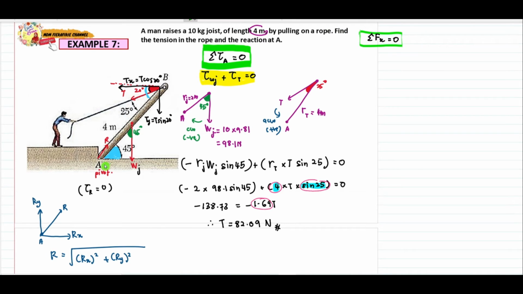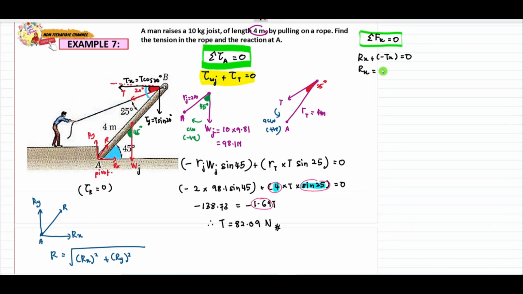So looking at the diagram we have Rx, obviously. And what else in X component, also Tx. Rx and Tx, where the direction of Rx is to the right, so positive, and Tx is to the left, so negative. So I will write Rx plus negative Tx equal to 0. Therefore, I can calculate Rx is equal to Tx, where I have already resolved Tx.